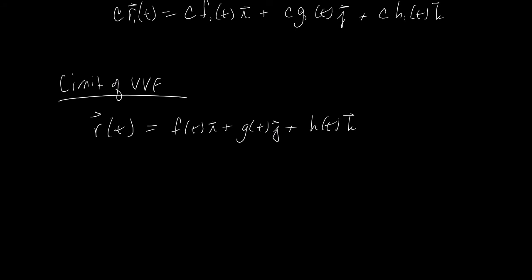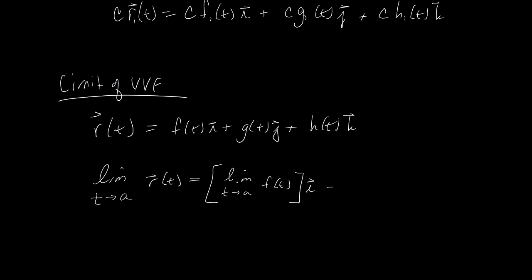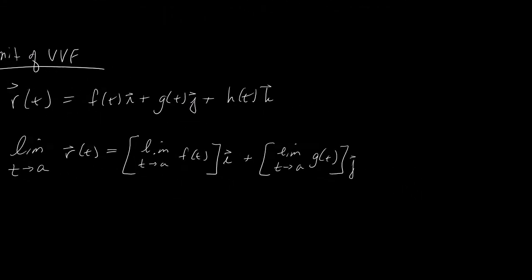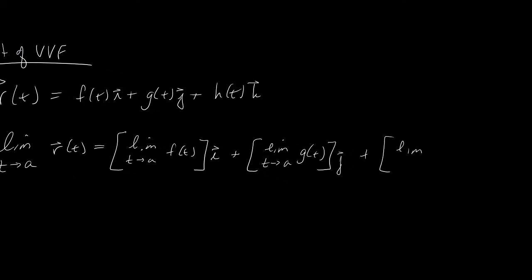Then the limit as t approaches a of r of t is equal to the limit as t approaches a of f of t in the i direction plus the limit as t approaches a of g of t in the j direction plus the limit as t approaches a of h of t in the k direction.